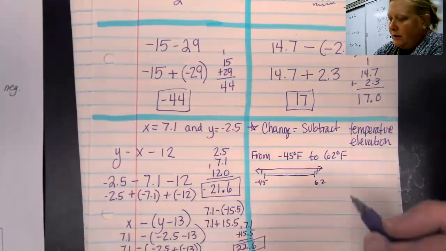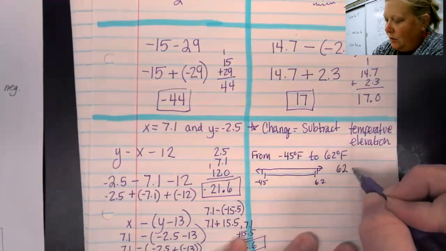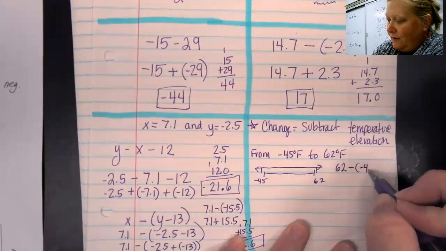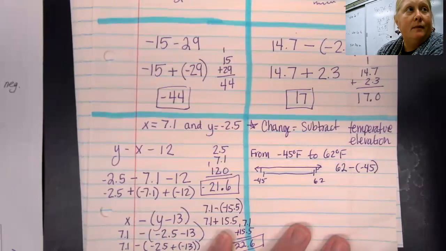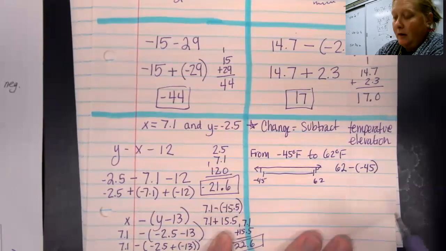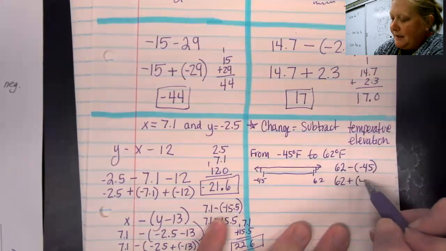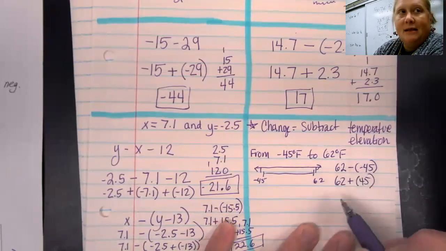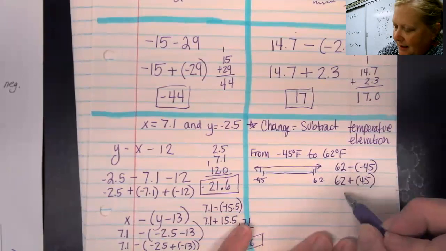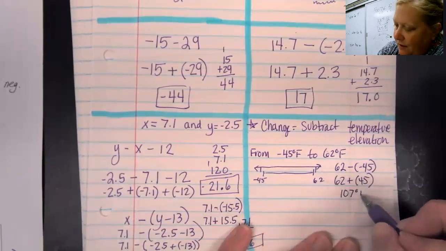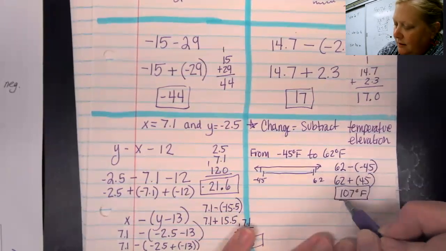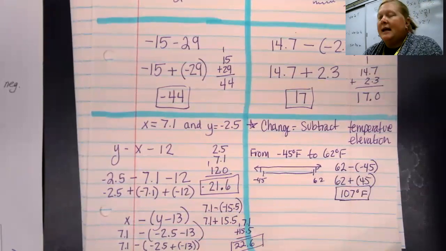It's really taking 62 minus a negative 45. That's a large distance, isn't it? So adding the opposite: what's 62 plus 45? Well, that's easy. That's 107 degrees difference. Notice I even said the word difference in here, right?